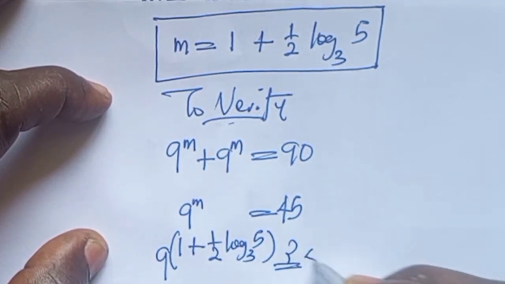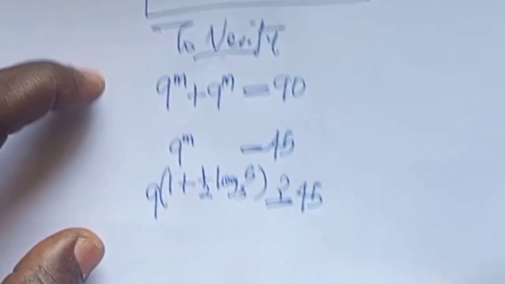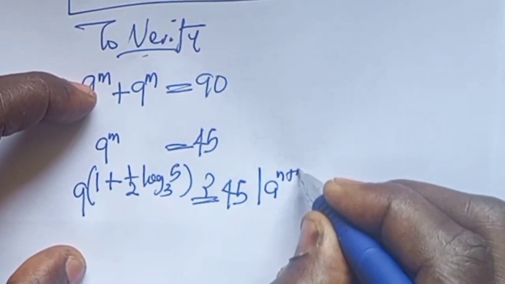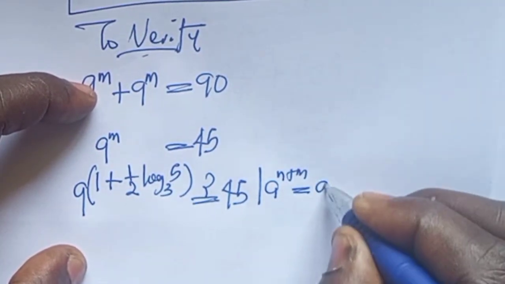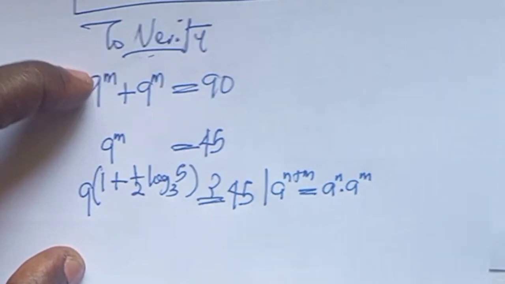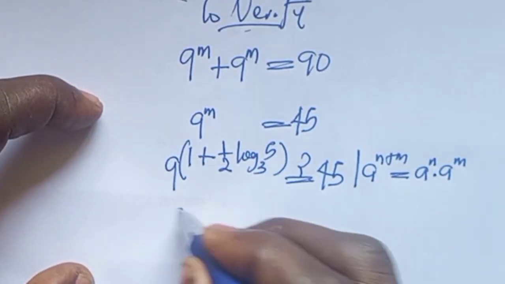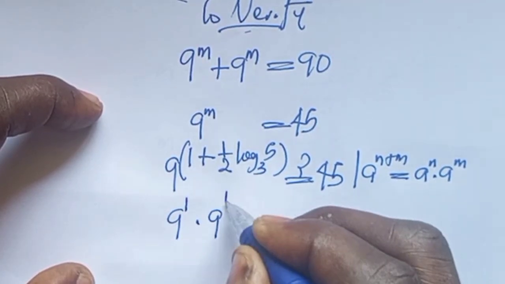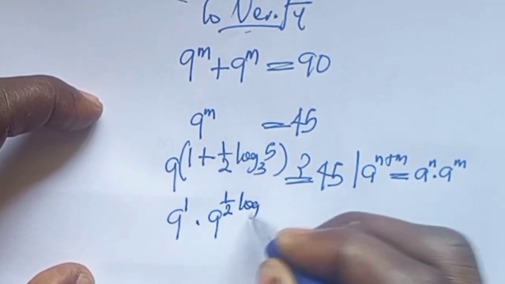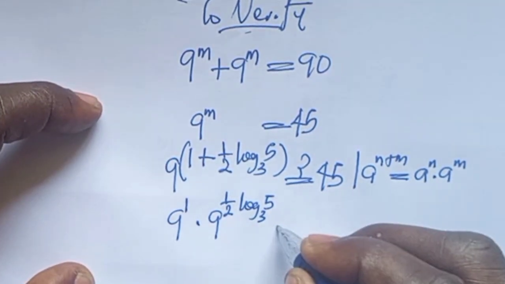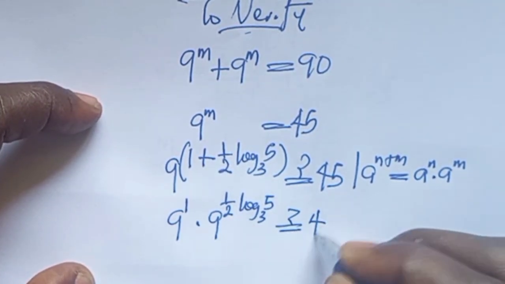Can this give us 45? But a to the power of n plus m can be represented as a to the power of n times a to the power of m. So here we can write 9 to the power of 1 times 9 to the power of 1 over 2 log of 5 base of 3. Can this be equals to 45?